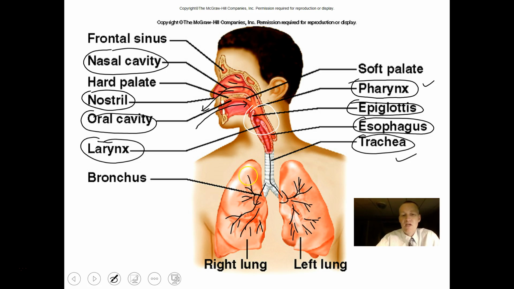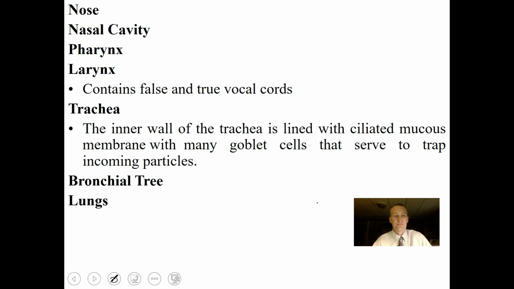The reason we have a bronchial tree coming down is so that we can increase the amount of surface area, because at the end of these little terminal bronchioles are going to be air sacs that are going to be functional in gas exchange.